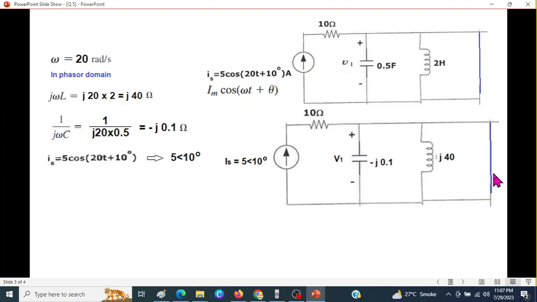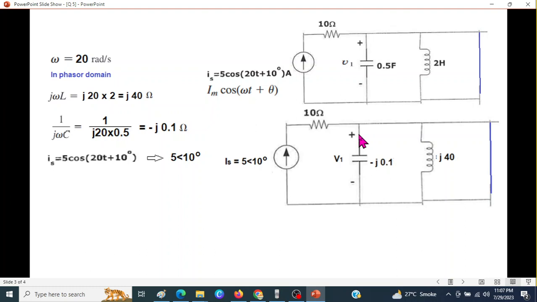Now if you look at the circuit carefully, the current is flowing from here up to this point, no problem. But here it has 3 paths: 1, 2, and 3. So the current will take the easiest path, and the easiest is the short circuit path, no resistance. So all current will flow through this path, and no current will flow in this or in this.